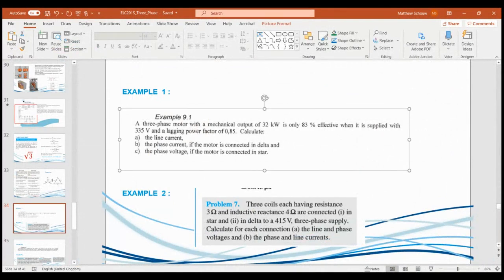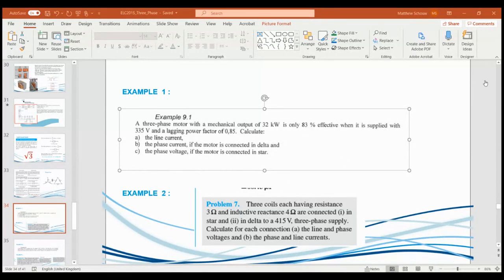Cool. So example 9.1, you can follow it in the textbook if you like. I'm just going to paste it, and then we'll start. There's a bit of lag on my side there.